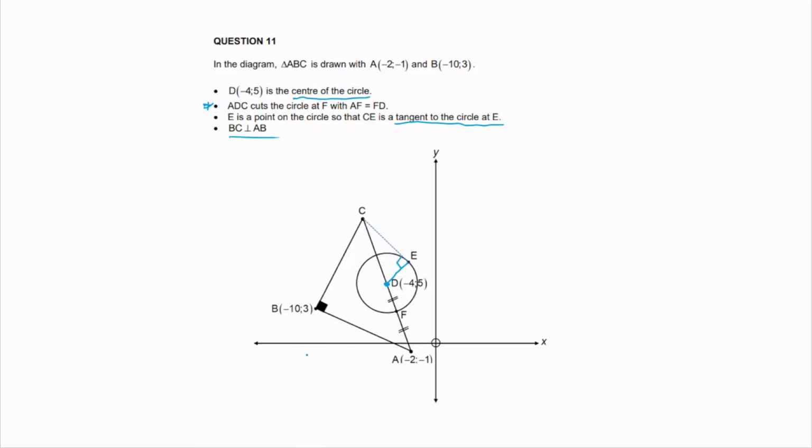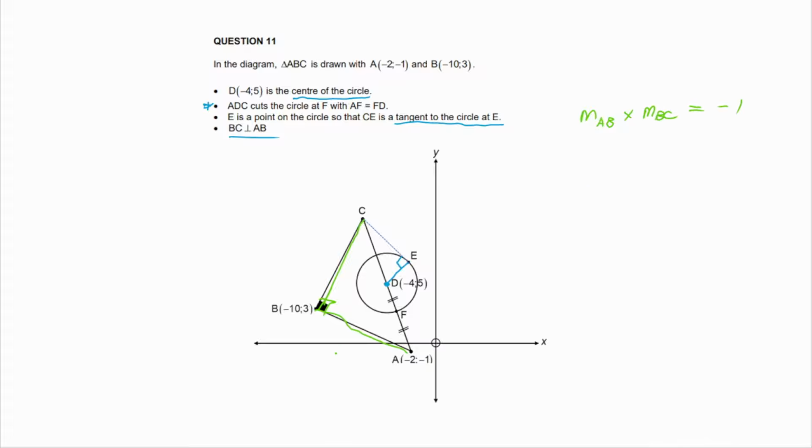So a lot going on here, but let's think. What section of work are we in? Analytical geometry. A lot of the time in analytical geometry, what we're dealing with is gradients. And when we have perpendicular lines like this, we know that the gradients are negative inverses of each other. So one thing I want you to keep in mind is that the gradient of AB times the gradient of BC is equal to -1.